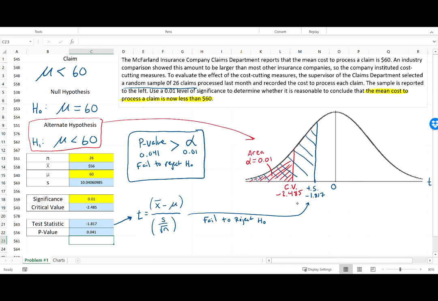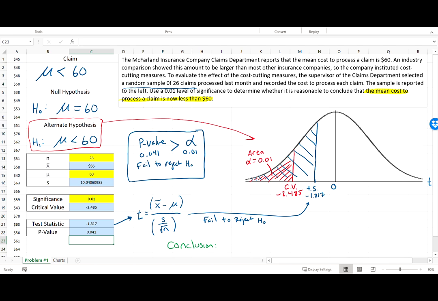Okay, so now we know we are not rejecting the null hypothesis. That's not the final answer. This is basically the step before the final answer. The final result or the final answer of a hypothesis test is the conclusion. We have to state the conclusion.